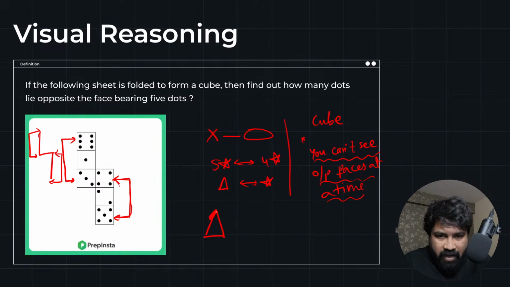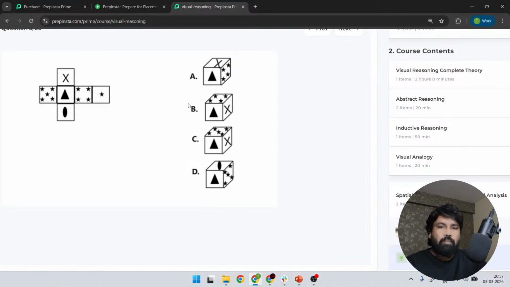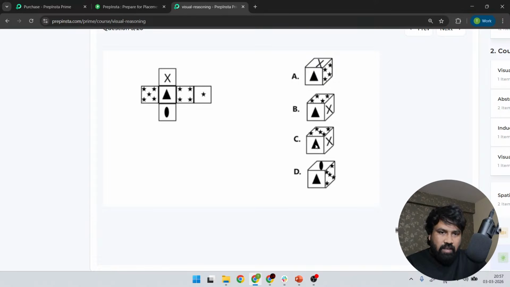It is pointing, right? Only it can point to X. How can it point to the stars? No. So B is wrong. See, here also the triangle is pointing to 5 stars. No, it cannot. It is also wrong. And the triangle pointing to the circle, no, it cannot. It is wrong. So it is called position based.